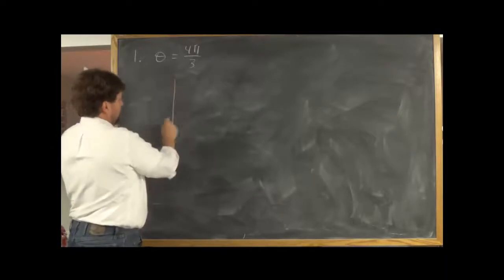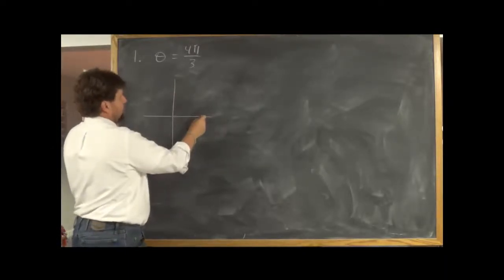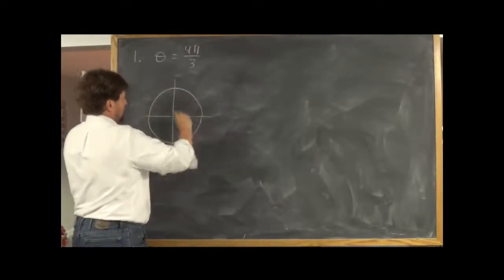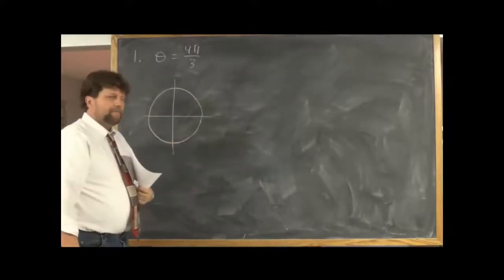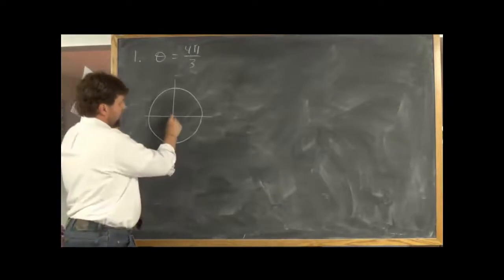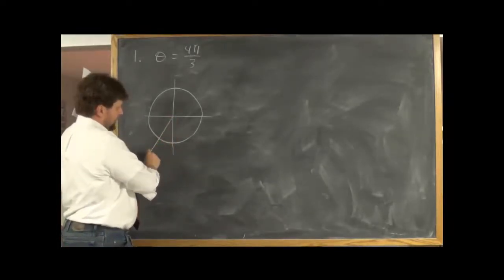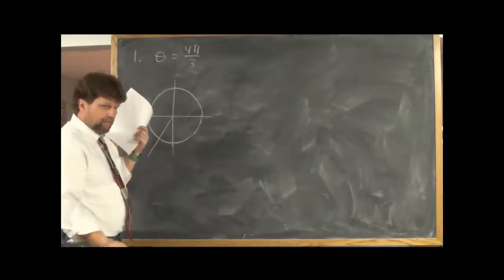As always, I'll try to sketch a quick unit circle. And yeah, it's not too bad. So 4 pi over 3, that's an angle that's terminating down here in quadrant 3.